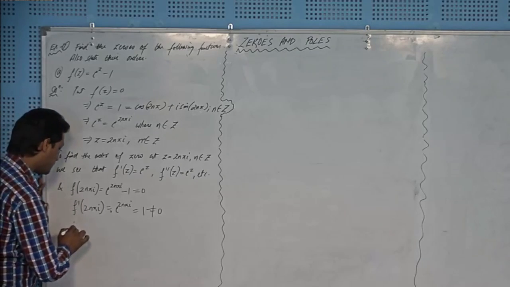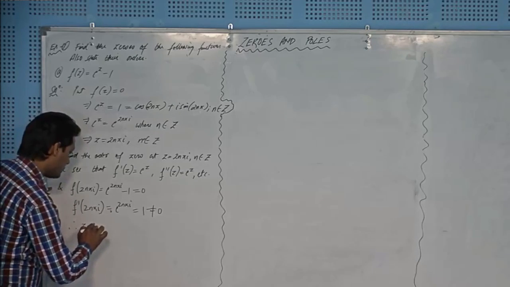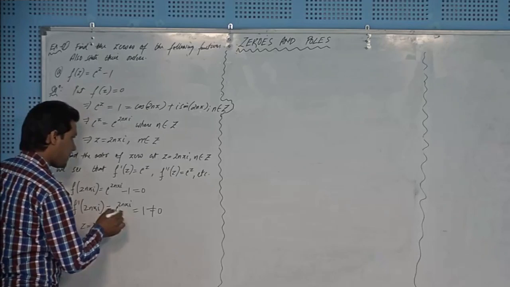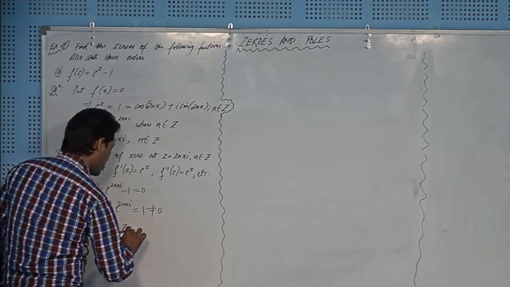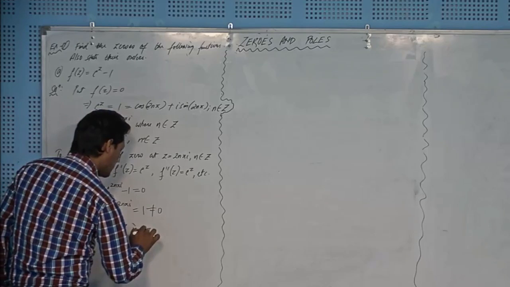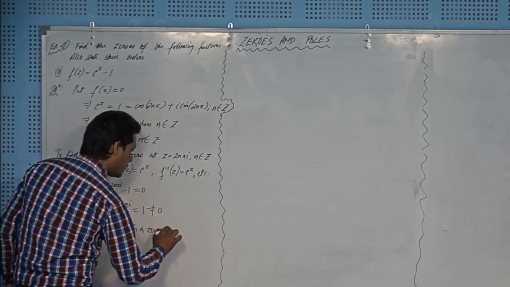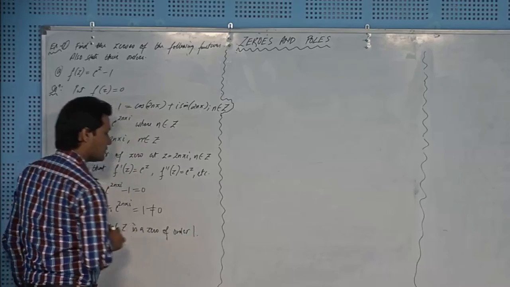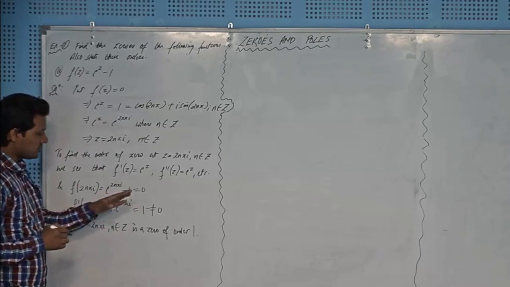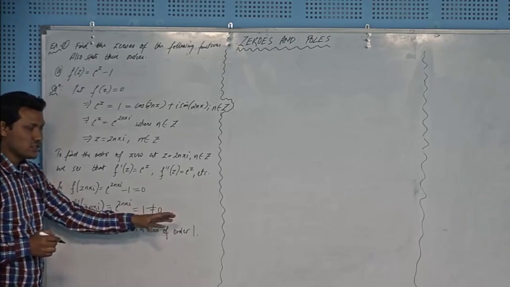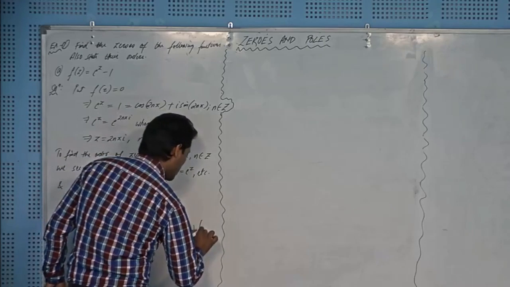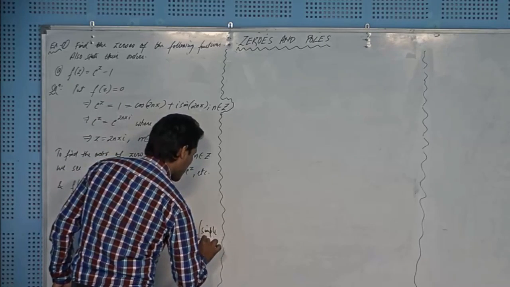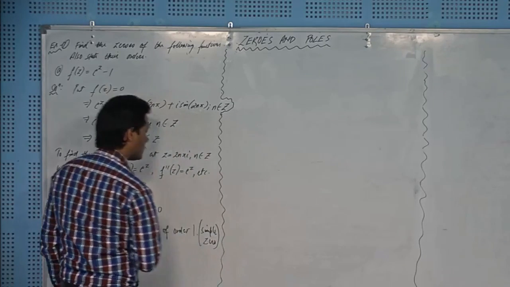Therefore z equal to 2n pi iota, with n belonging to the integers, is a zero of order 1. And if it is a zero of order 1, then we have a special name: it is called a simple zero.